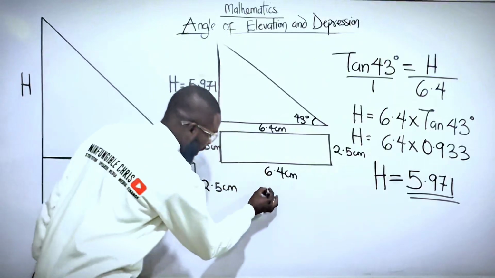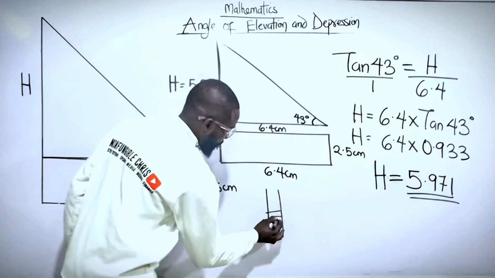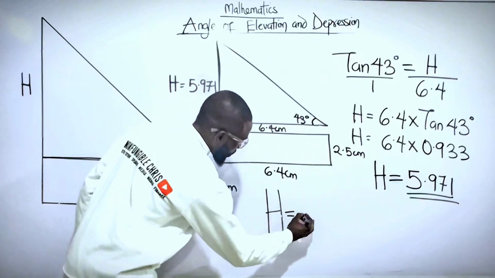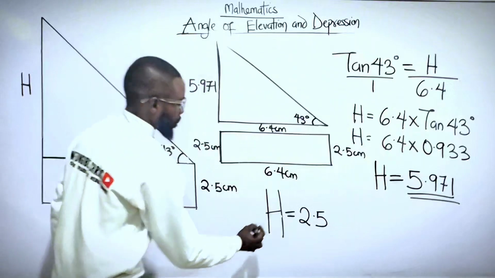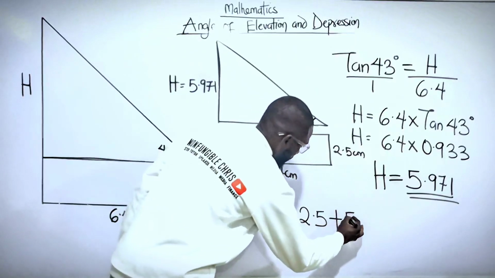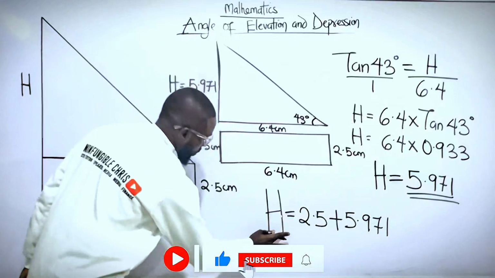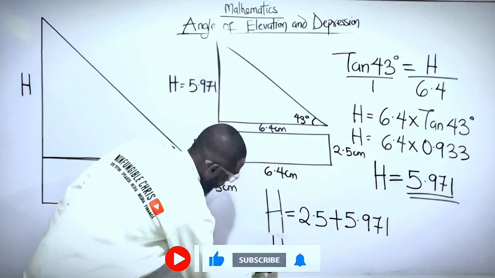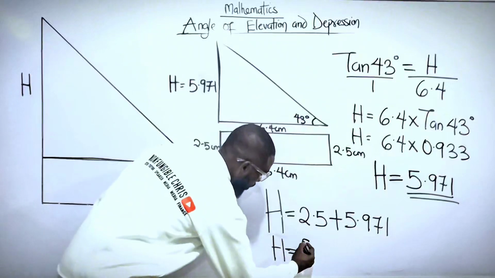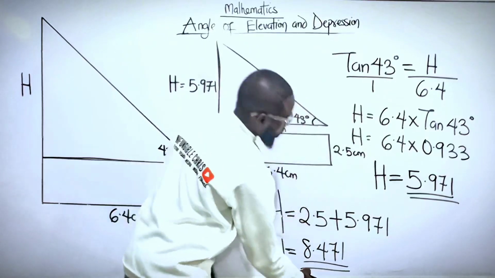So the total length h is simply 2.5 plus 5.971. If you do that, our h becomes 8.471 as a final answer.